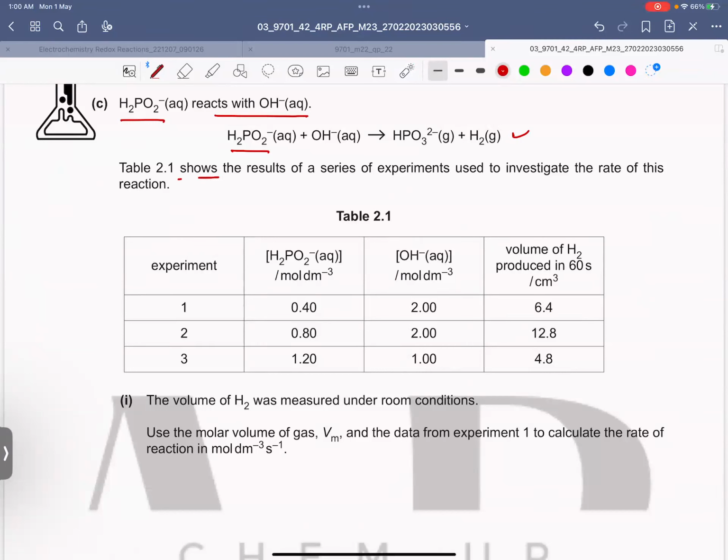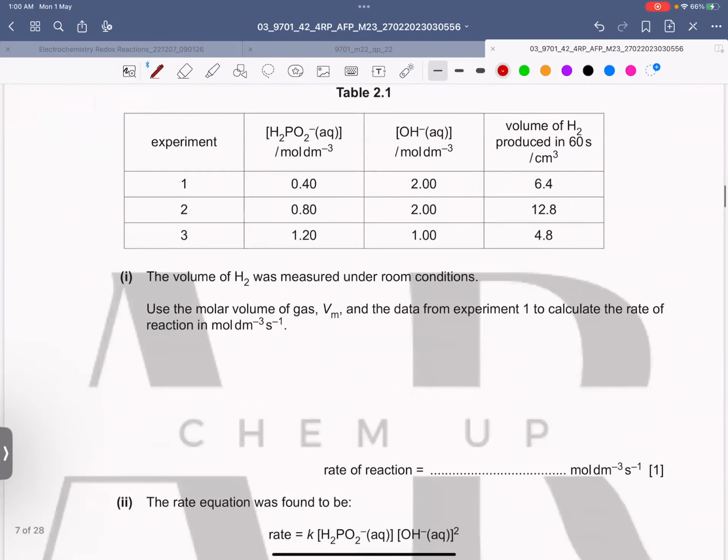Table 2.1 shows the result of a series of experiments used to investigate the rate of this reaction. The volume of hydrogen was measured under room conditions. Use the molar volume of gas Vm and the data from experiment 1 to calculate the rate of reaction in mole per dm cube.